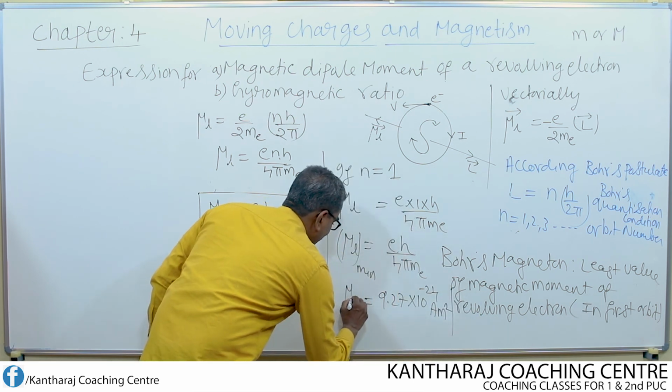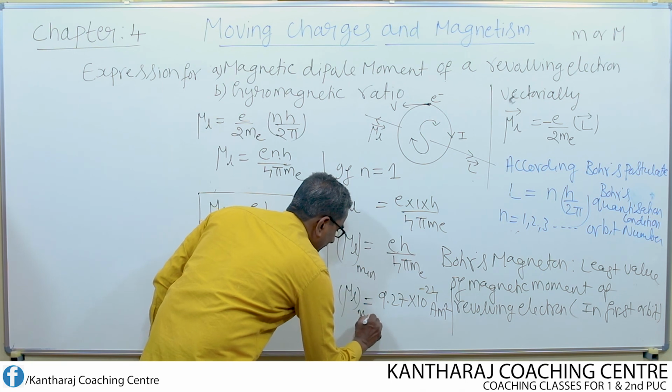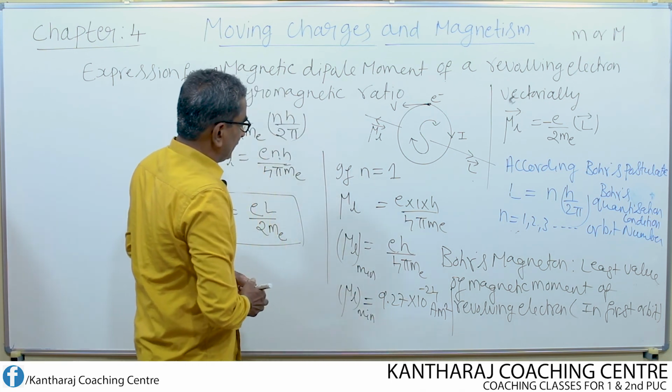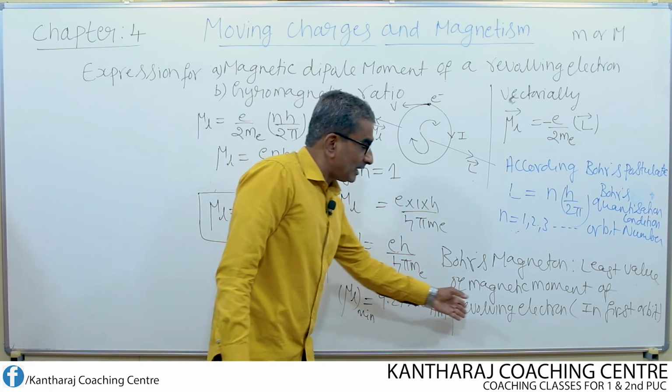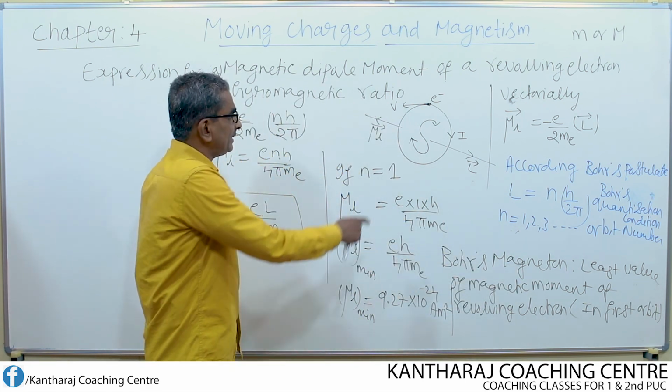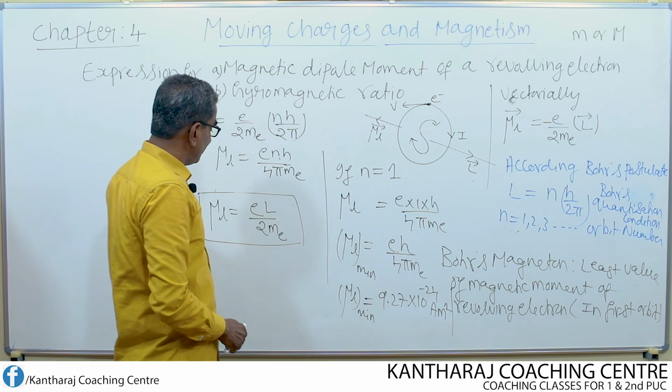So Bohr's magneton is nothing but the least value of the magnetic moment, in the first orbit.